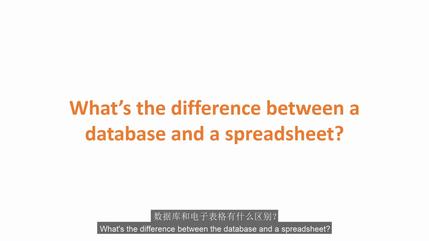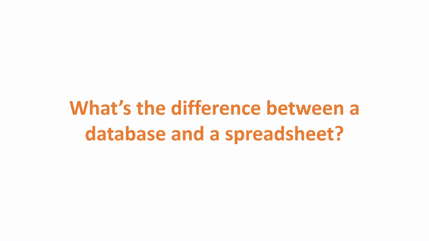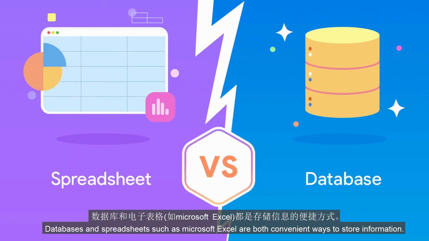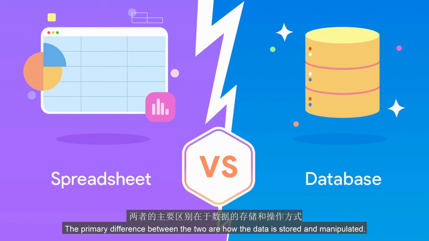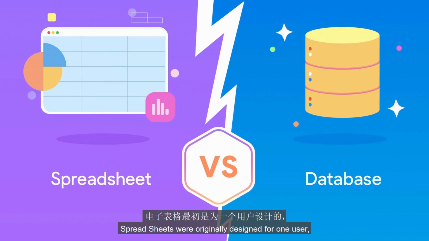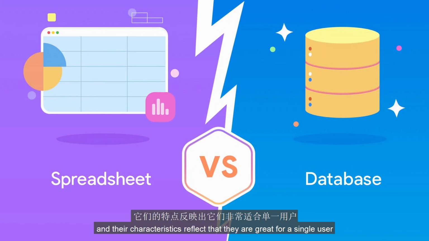What's the difference between a database and a spreadsheet? Databases and spreadsheets such as Microsoft Excel are both convenient ways to store information. The primary differences between the two are how the data is stored and manipulated, who can access the data, and how much data can be stored. Spreadsheets were originally designed for one user, and their characteristics reflect that.